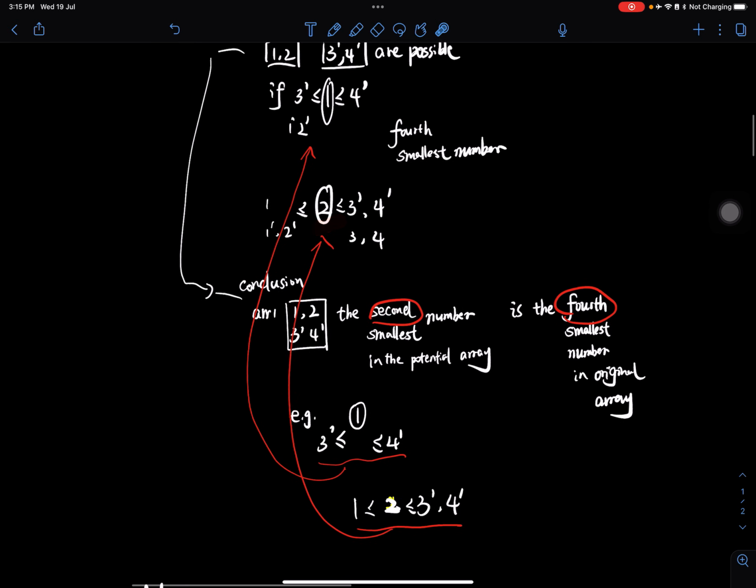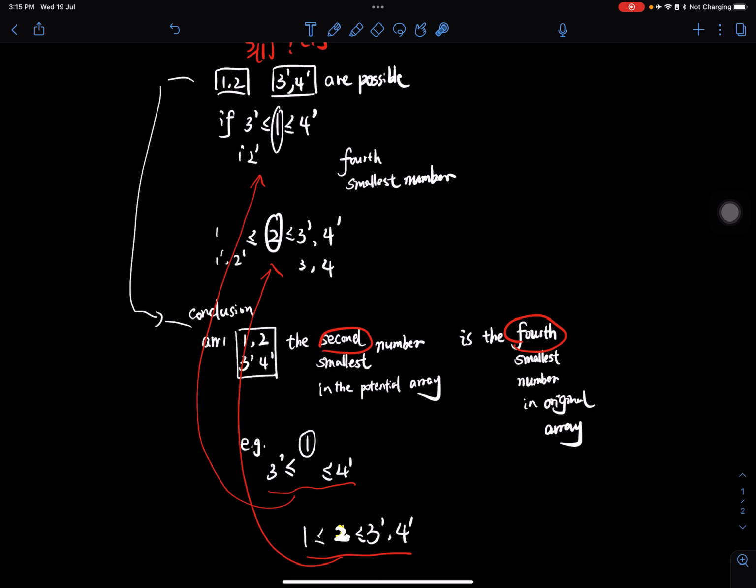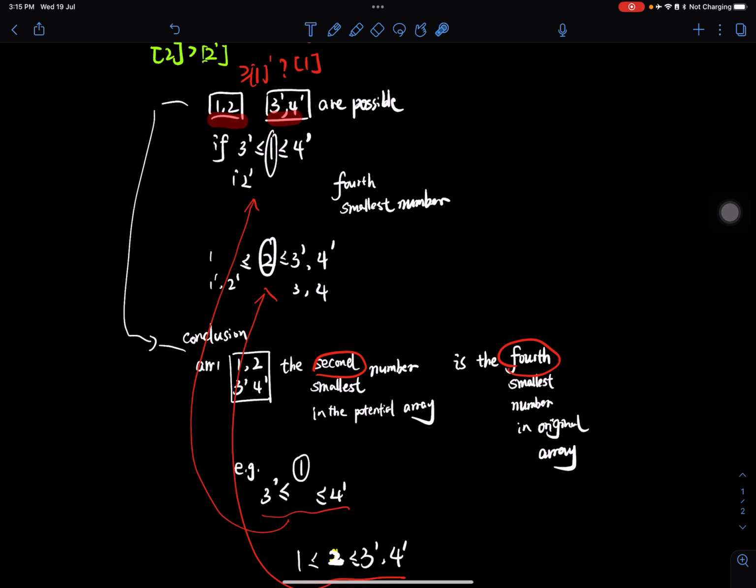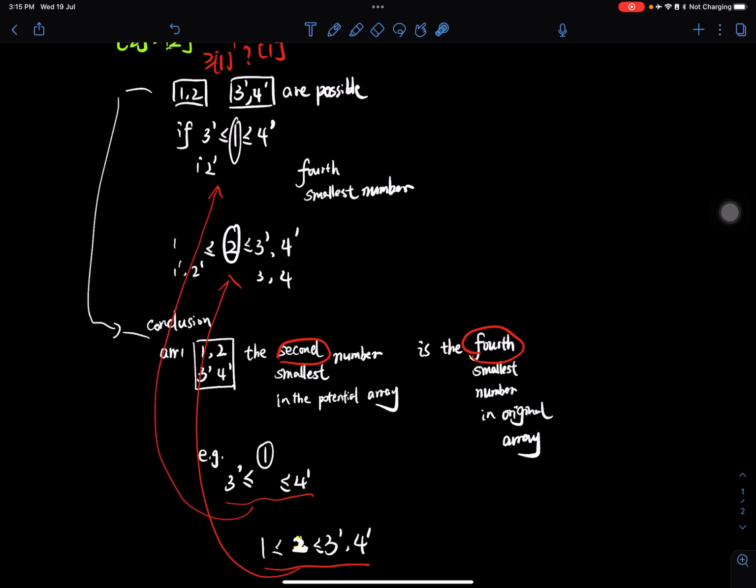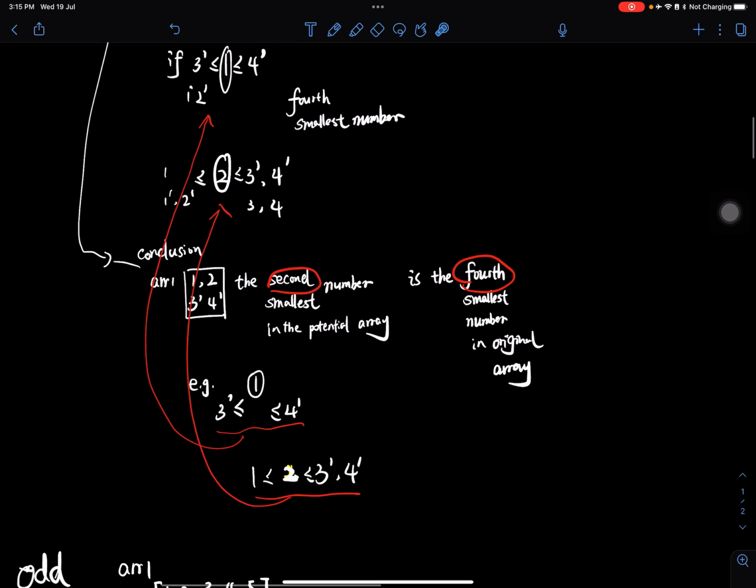In conclusion, we can obtain these 2 arrays. Similar logic you can apply to 3 prime and 4 prime, the values of them. Then we can conclude that for this array we obtain the potential possible array together and we combine them. If we can find the second smallest in this potential array, it means we can find the 4 smallest number in the original array.